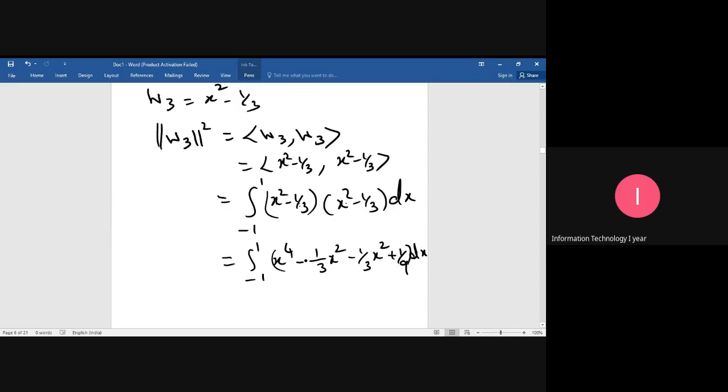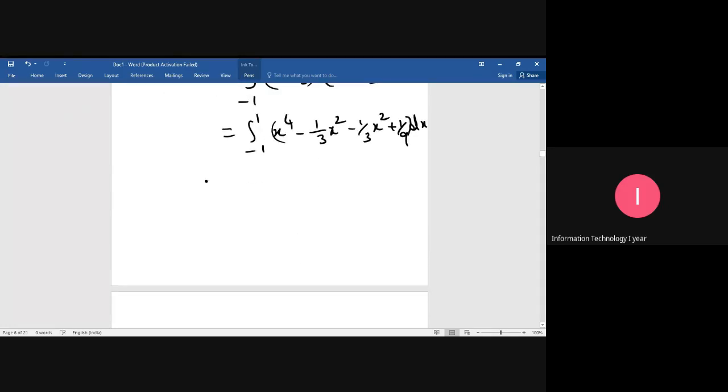So this is equal to the integral from minus 1 to 1 of x power 4 minus 2x² by 3 plus 1 by 9 dx.